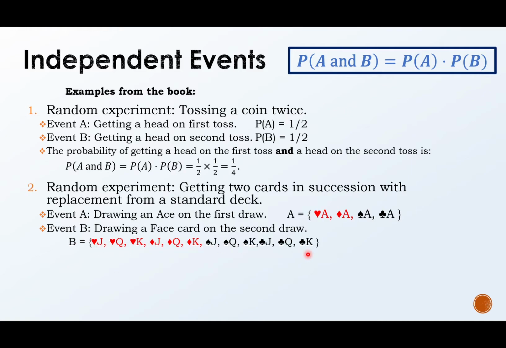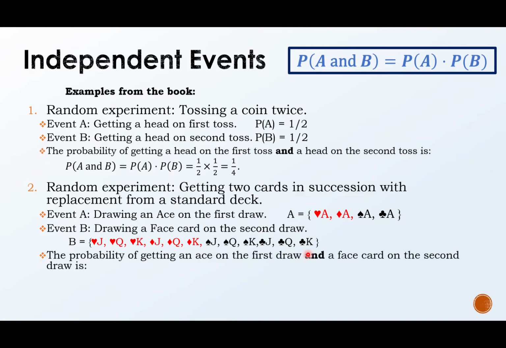That is why there are 12 in all. So, what if you are asked, what's the probability of getting an ace on the first draw and a face card on the second draw? You will say, the probability of A and B, ace and face card, is simply the product of the individual probabilities.